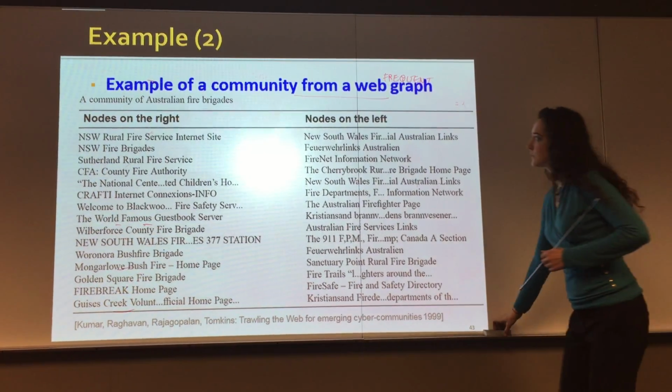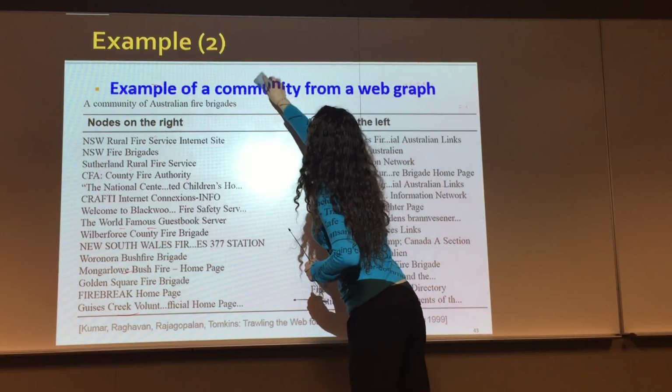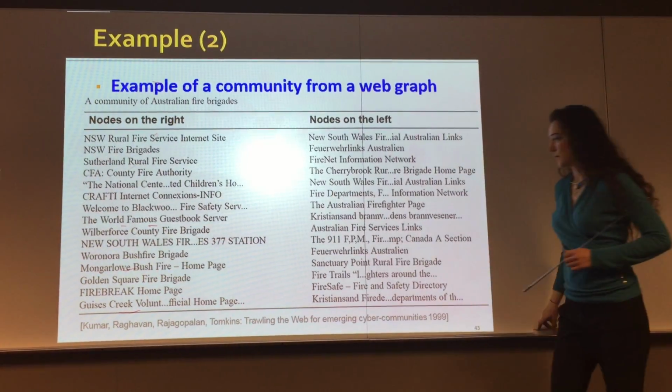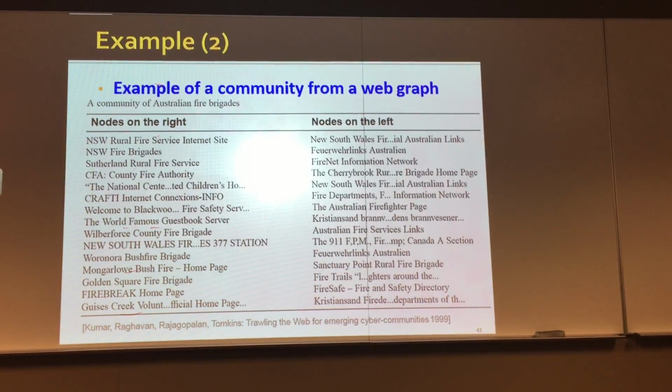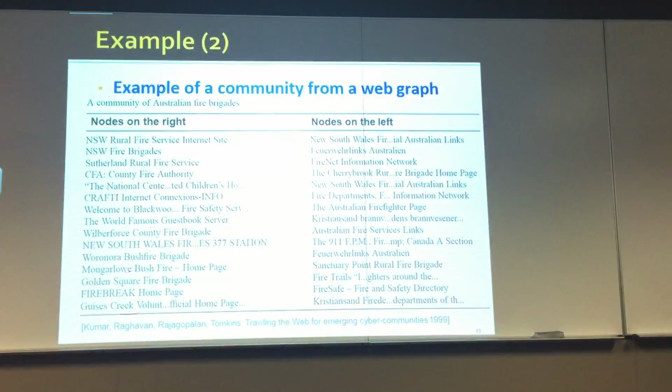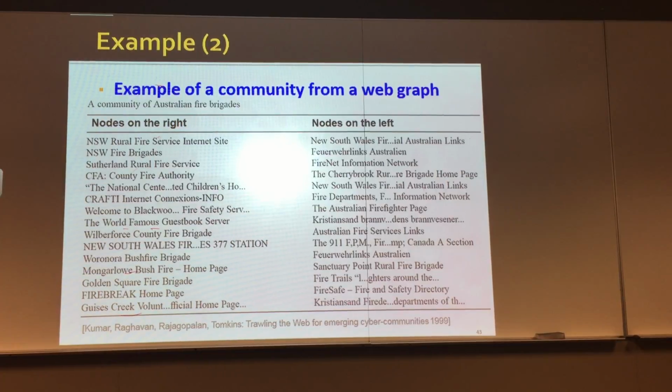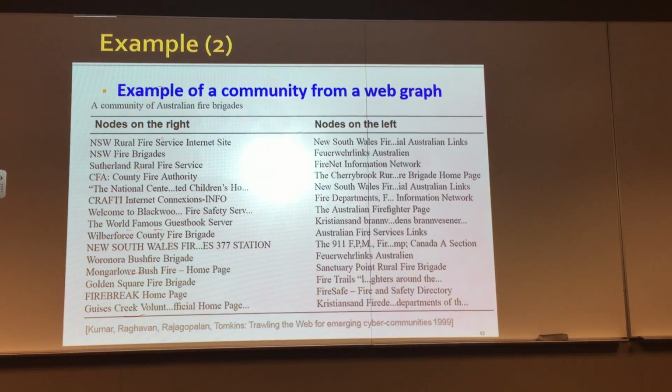So this is just an example of these web pages and other web pages that they point to, and what these pages are. It does not have to be web pages. These could be other things.